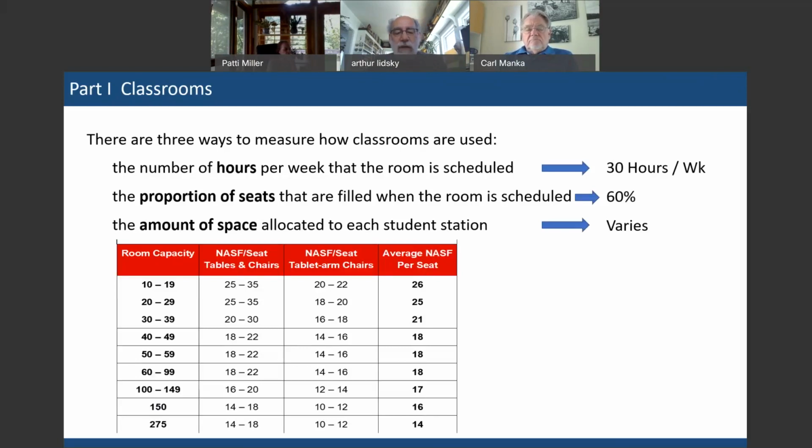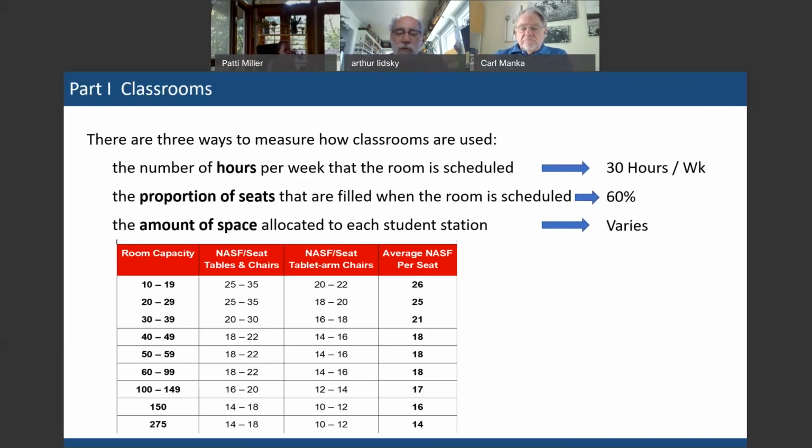On the left-hand side, the first column is the room capacity in terms of numbers of seats in the room. The next column is the net assignable square feet if it's a table and chair environment, which is higher than the next column, which is a tablet armchair, where the tablet is connected to the chair in some way. And you need less space per tablet armchair than you do for table and chair.